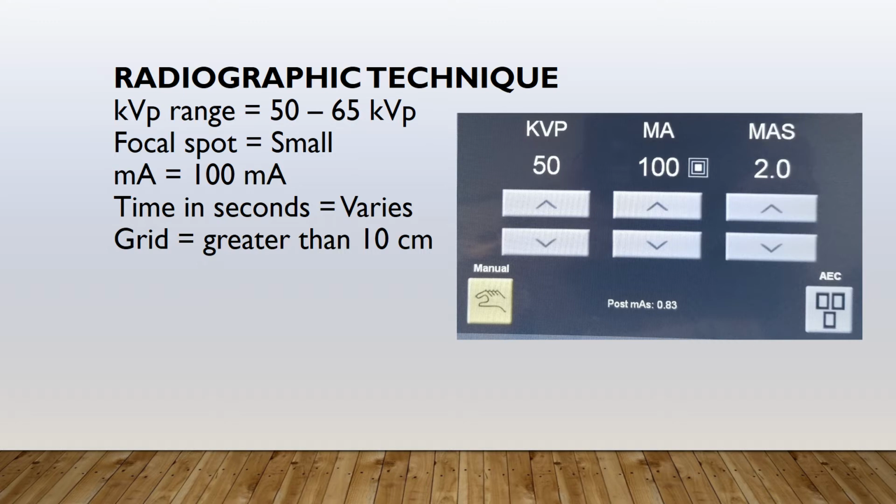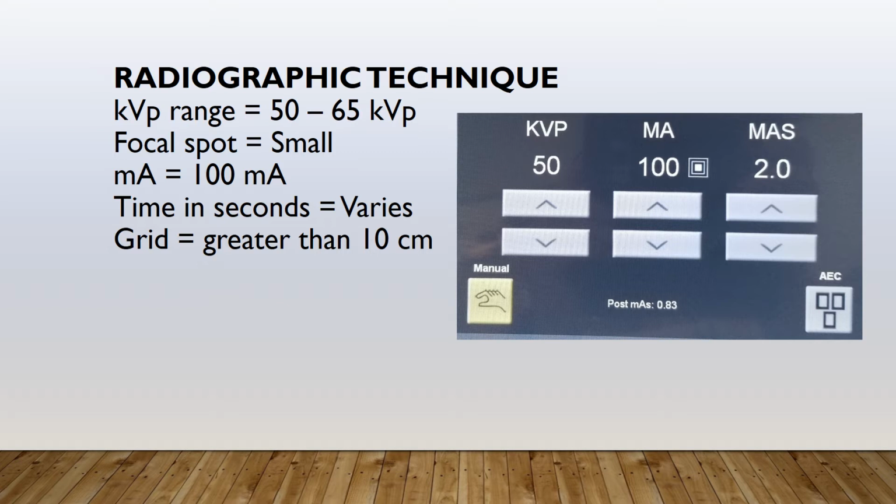Typically for a foot x-ray with digital, I'm looking at about 50 kVp, 100 MA at about 2 milliamp seconds. And that is with the digital system. I'm going to utilize a grid whenever I'm measuring a body part that is greater than 10 centimeters.